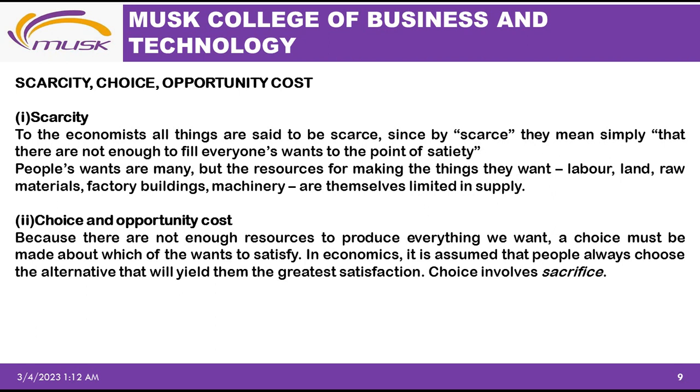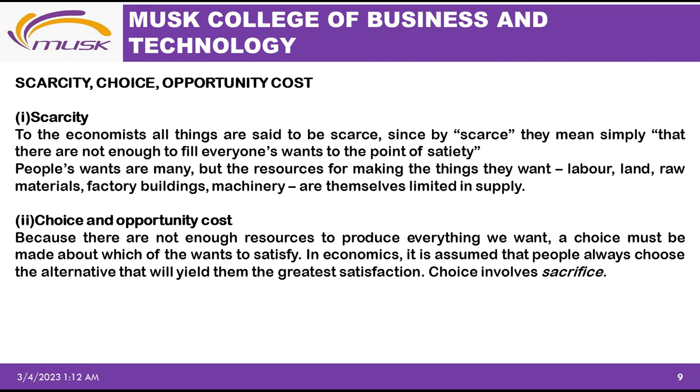And then we have what we call choice and opportunity cost. Now, because of the aspect of these items that we have just mentioned above being unavailable, what is going to happen? Individuals are going to incur cost, or they are going to have to make a choice on what to buy and what to forego.